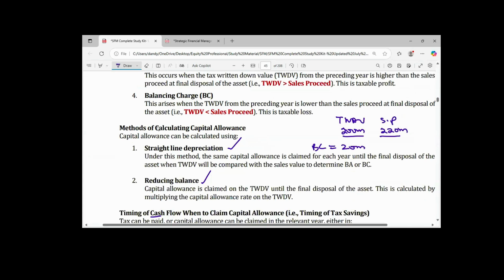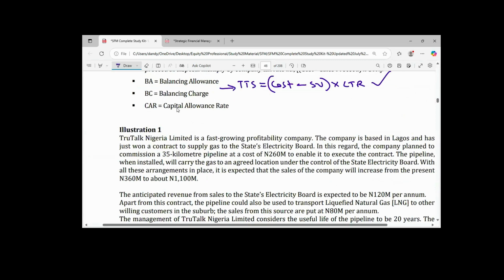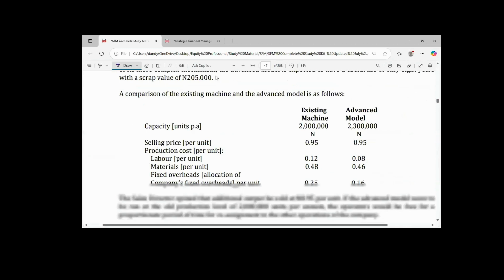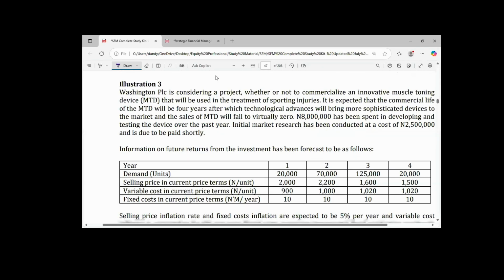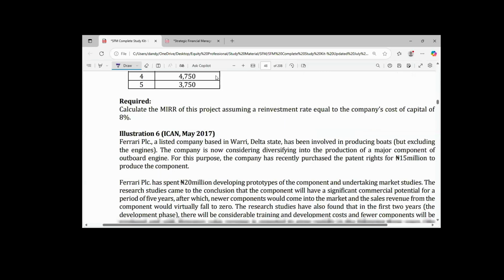Whenever you want to compute NPV, or you want to calculate modified internal rate of return, or project duration, or even payback period, and you are given multiple variables in the question: you have sales value, you have variable cost, you have attributable specific fixed cost, you have taxation, you have inflation, you have scrap value, you have initial outlay, you have working capital.